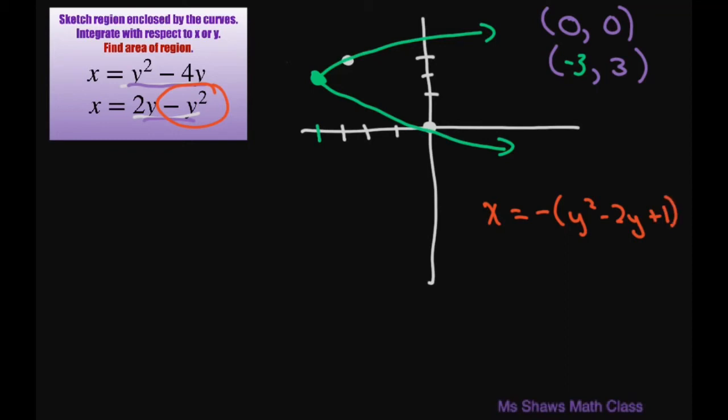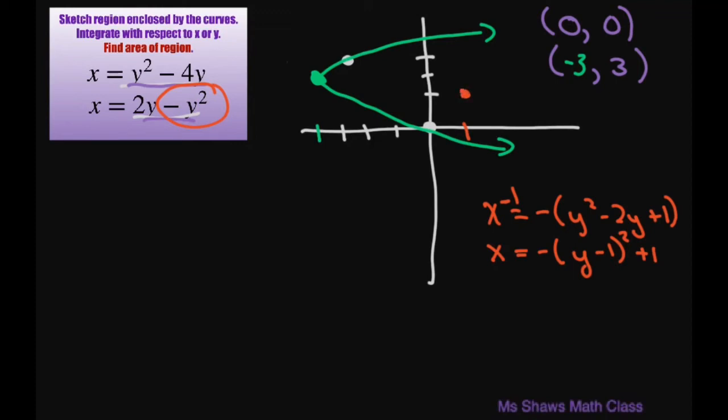You're going to subtract 1 here because it's minus the 1. So you're going to get x equals negative (y minus 1) squared, and then you're going to have plus 1. So this is going to be at 1 and 1.